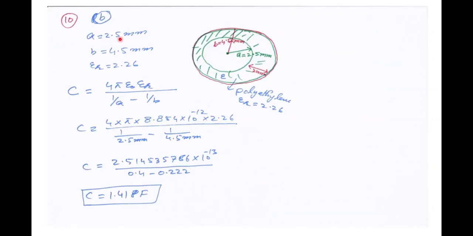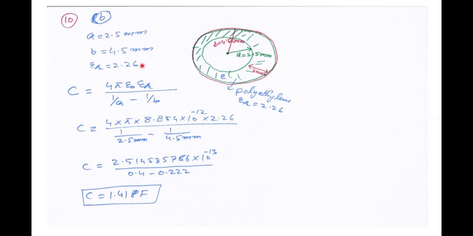So using the given data, look at the figure. A equal to 2.5 millimeter represents the radius of the inner sphere, and B equal to 4.5 millimeter represents the radius of the outer sphere. The material thickness is 2 millimeter.